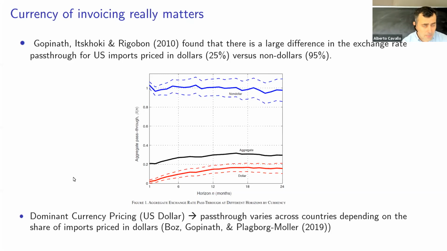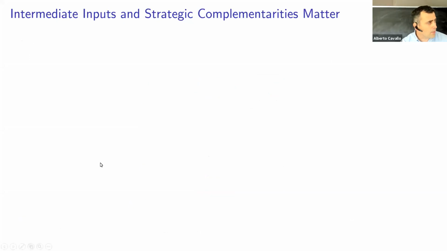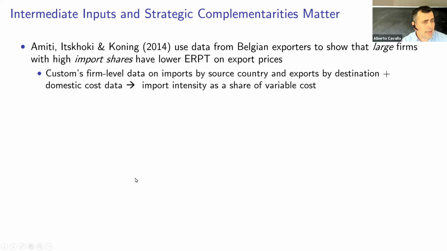And as Brent was saying towards the end of his talk, we started getting interest in what other things beyond stickiness and currency of invoicing mattered. And we had this set of papers by Amiti, Itskhoki, and Konings. The data changed a little because they started looking more closely at customs data.